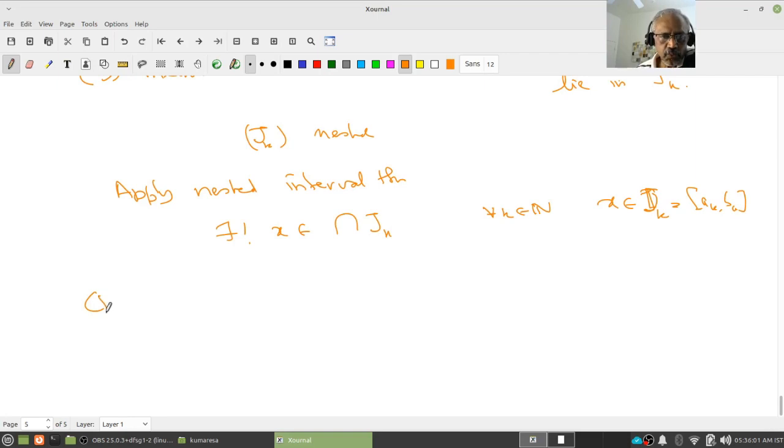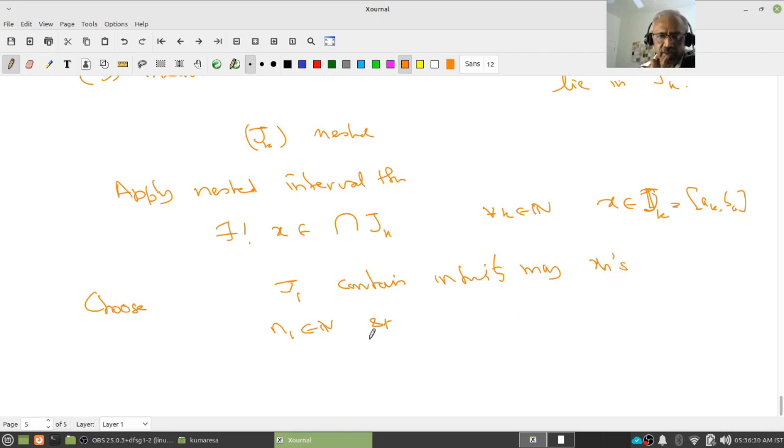So choose, see, now let's look at J1, right? The way I chose my J1 is there exist infinitely many xn's, right? Therefore I can choose n1 in N so that J1 contains infinitely many xn's.